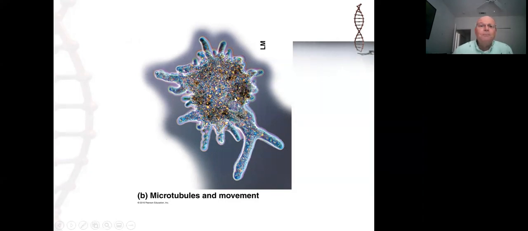So here you see microtubules doing one of the things that microtubules do best. That is not only maintaining the shape of the cell, but changing the shape of the cell along the way as well. Their other role is a framework for movement, a roadway or a trackway for things to move on.